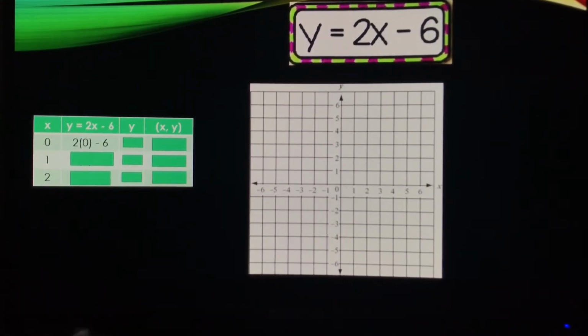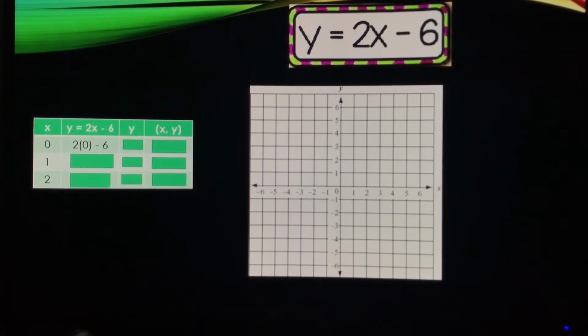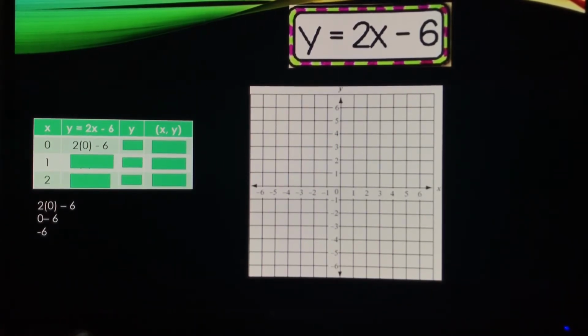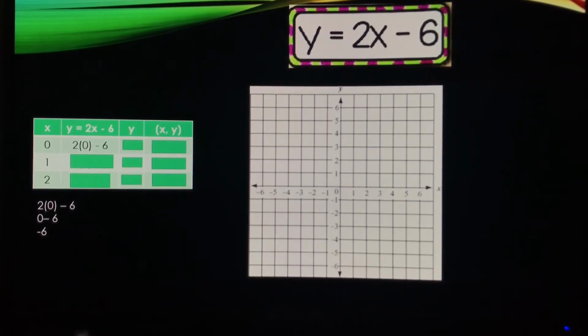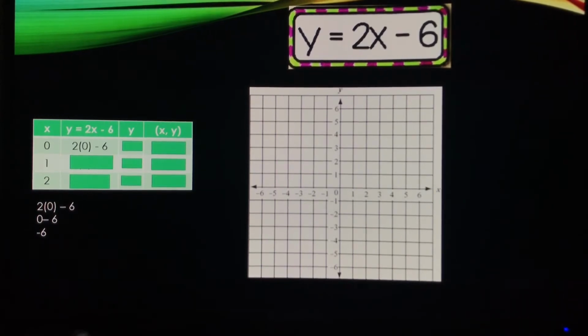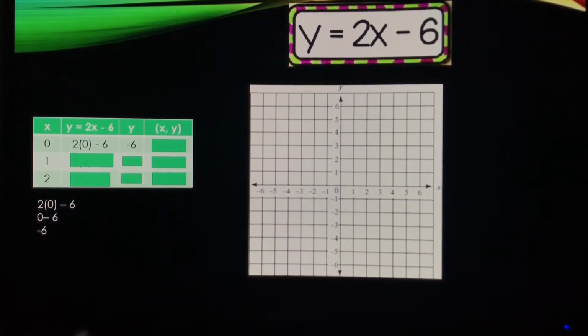So if I plugged in 0, okay, what I have to do is I have to do the math. 2 times 0 minus 6. Remember, x is my input, so I plug it into x. I do some calculating and I get my y. Right there, I have a solution to my equation that makes the statement true.